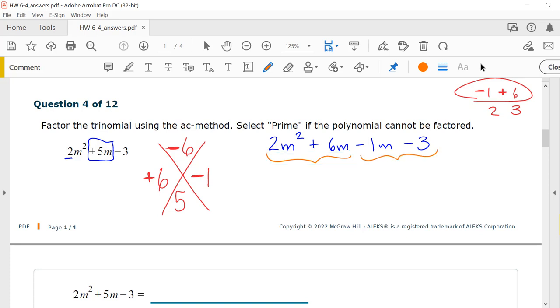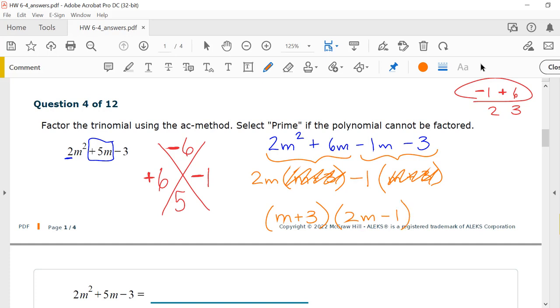Factoring the first two terms and the last two terms by grouping. First two terms, I can pull out a 2m. I'm left with m plus 3. The second two terms, I can pull out a negative 1, and I would be left with m plus 3. Now, if I pull out an m plus 3 from both terms, I'm left with 2m minus 1.